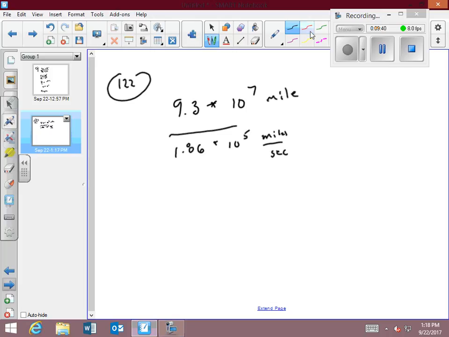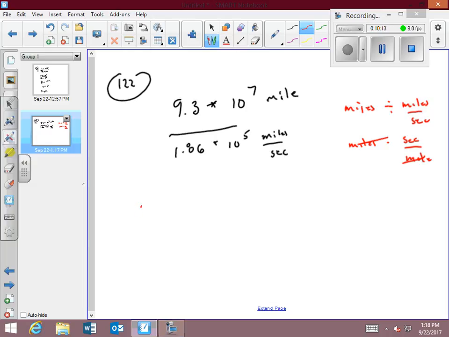In the numerator it's miles, and we're dividing by miles per second. So you invert and multiply, you go miles times seconds per mile. So this is the way you can figure out what units you're going to have. The miles will cancel, and our answer will be in seconds.